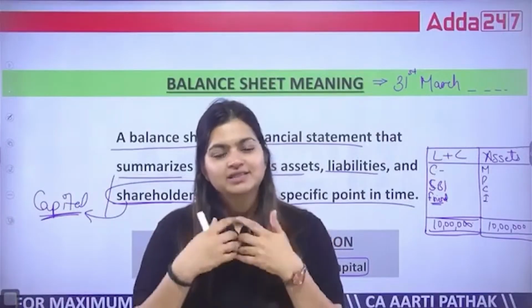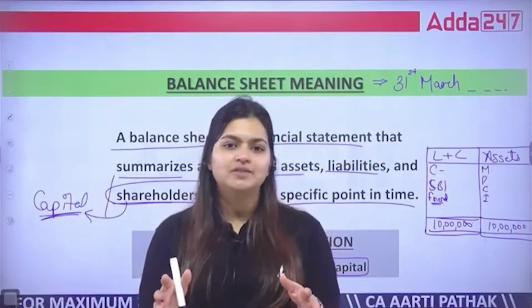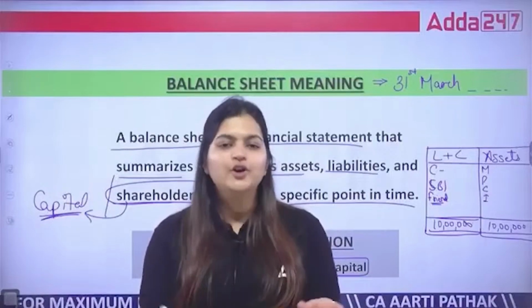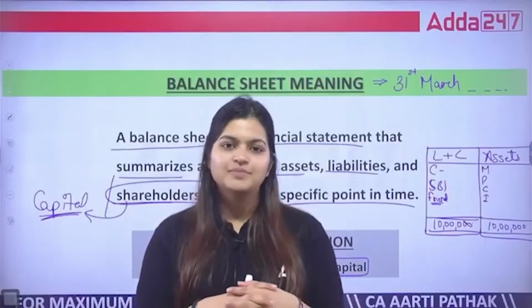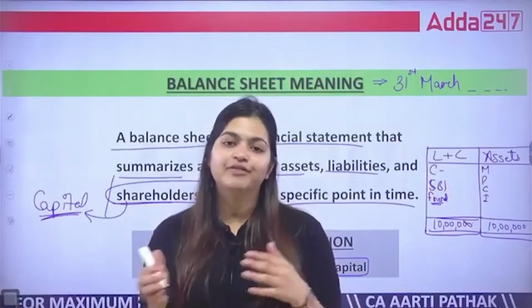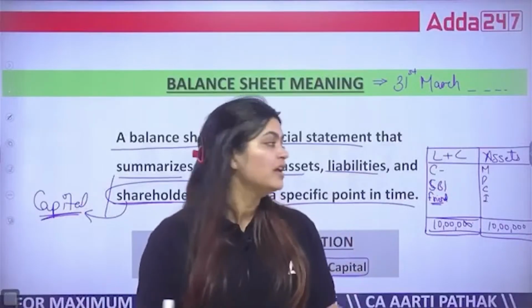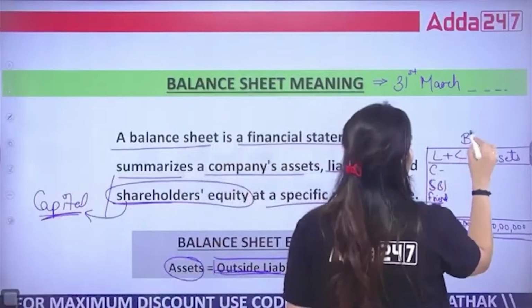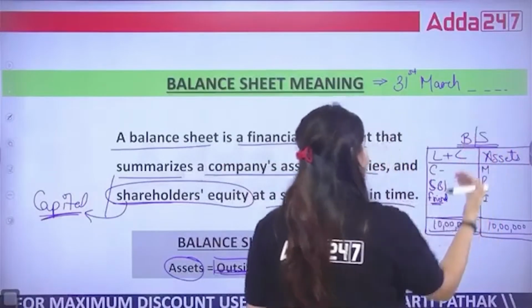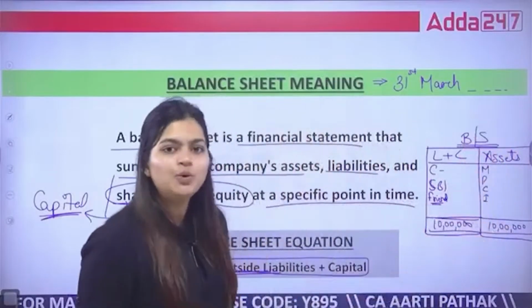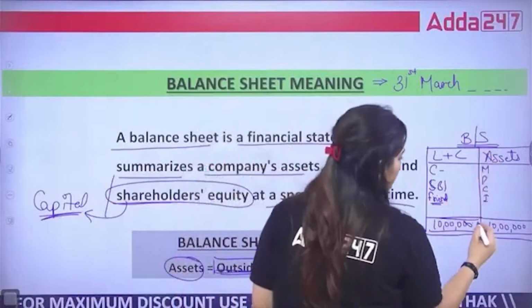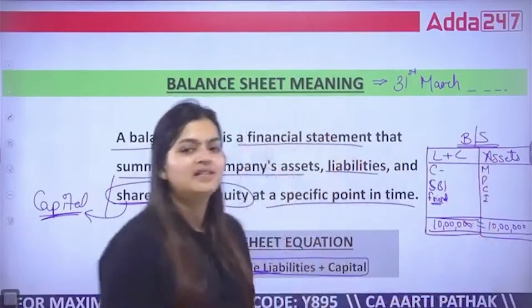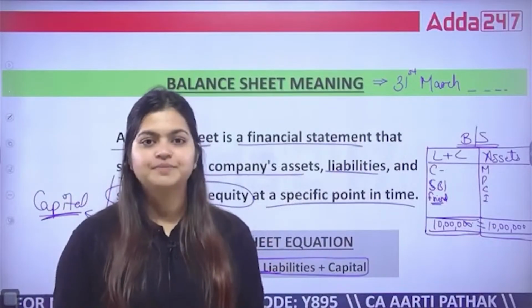Because at the same time you are showing two sides, all your accounts are going to match. And ultimately, how can you say that everything is accurately made? With the help of the balance sheet, because at last you are preparing the balance sheet. And when both sides of the balance sheet are equal, meaning assets equal liabilities and capital, everything is correct.